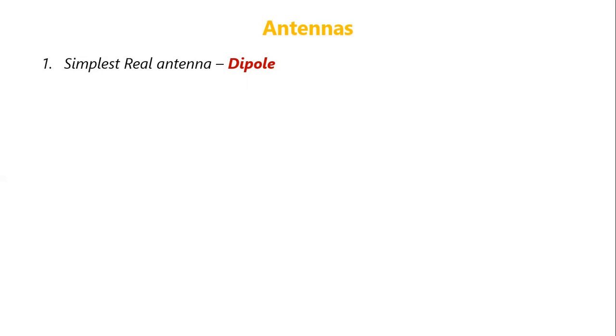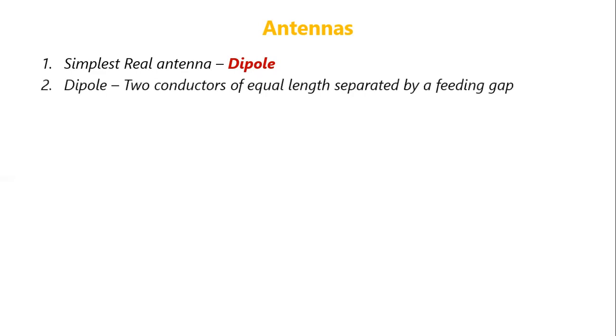It is called a dipole because it consists of two separate conductors of equal length, which are separated by a feeding gap.